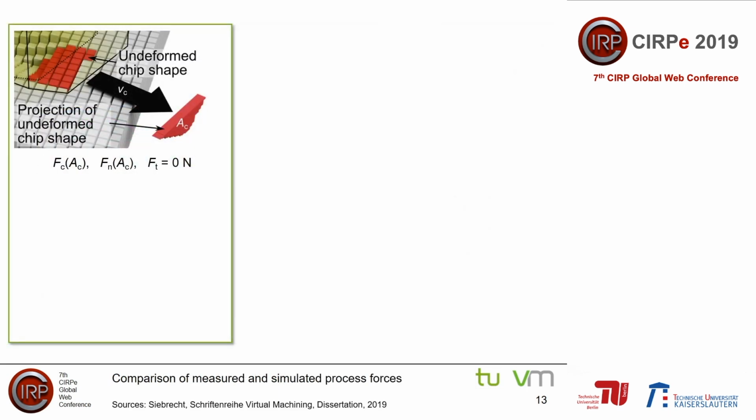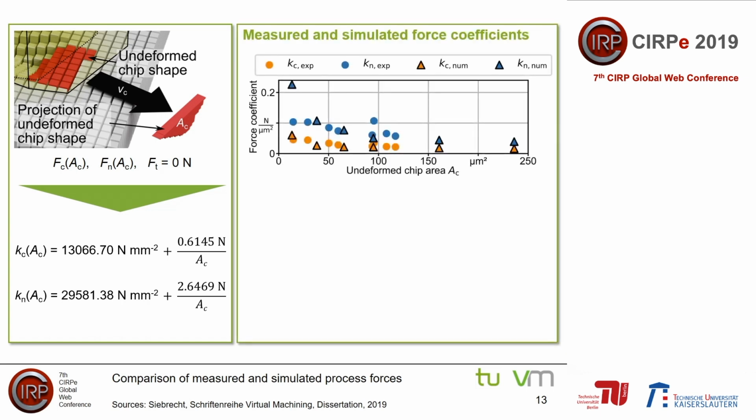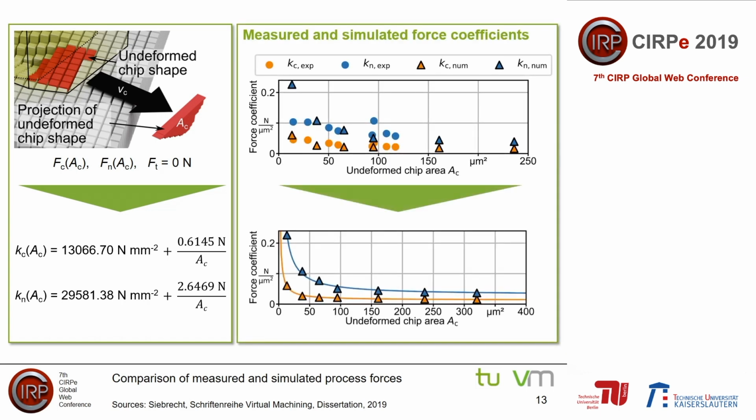Based on the results of the numerical simulation, the process force coefficients in cutting and normal direction could be determined by regression analysis as a function of the undeformed chip area. A comparison of the experimentally and numerically determined coefficients, depicted on the right side of the slide, shows a sufficiently accurate approximation of the numerical model for undeformed chip areas between 38 and 95 square micrometers.